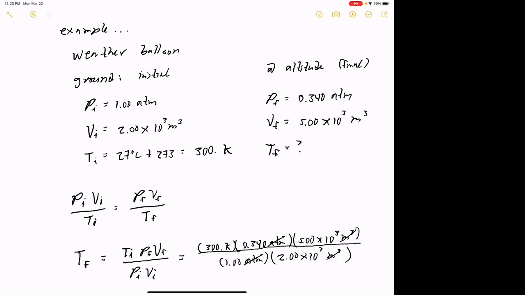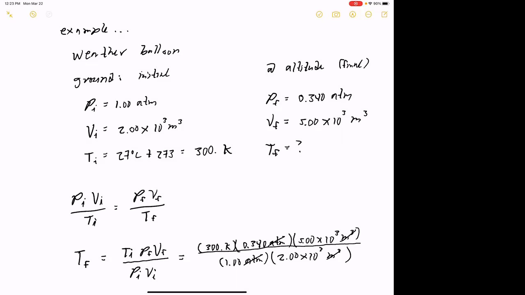If I go back to Charles's law, that's either your pressure-temperature relationship or your volume-temperature relationship. Both of those are in here. I've got a pressure relationship and a temperature relationship. I've got a volume initial and a T initial, and I've got the final ones as well. What tips me off is that both pressure and volume are changing with temperature.